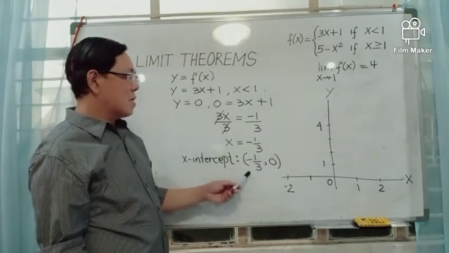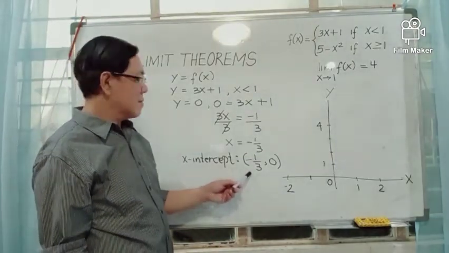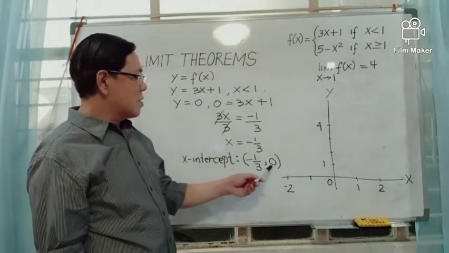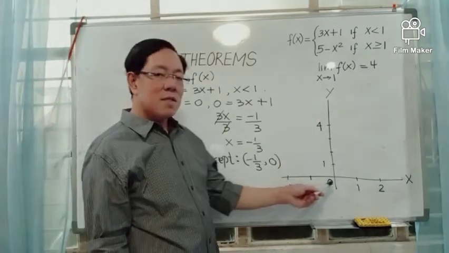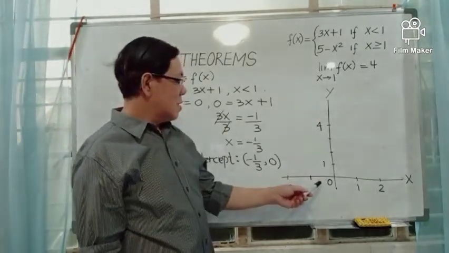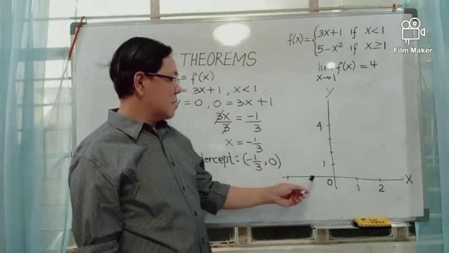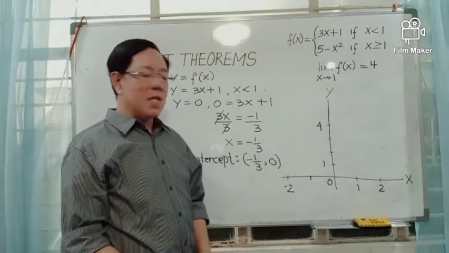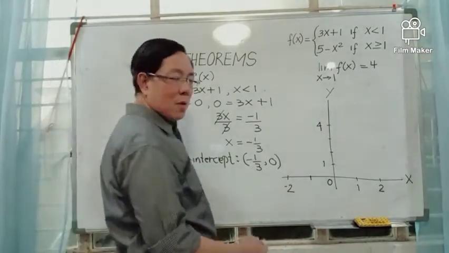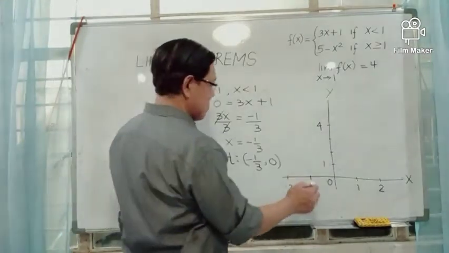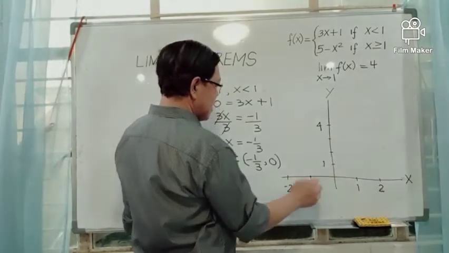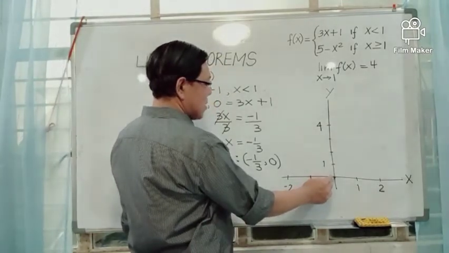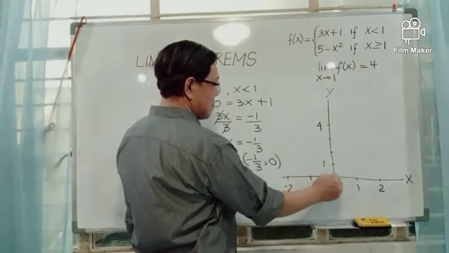If you plot this point, negative 1/3, 0, it is a point on the x-axis. Specifically, this point is to the left of the vertical axis. And we plot this point by counting 1/3 unit to the left of the origin.